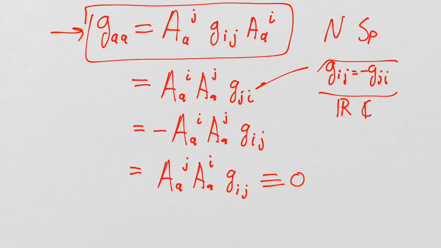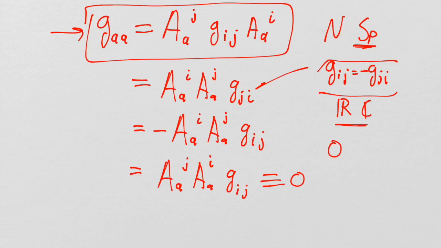So the diagonal constraints for the real or complex case of the symplectic metric are identically satisfied, and therefore they don't contribute a constraint at all. But that's not true for the other cases. For the orthogonal case, this constraint is the real deal, and you end up with n of them.